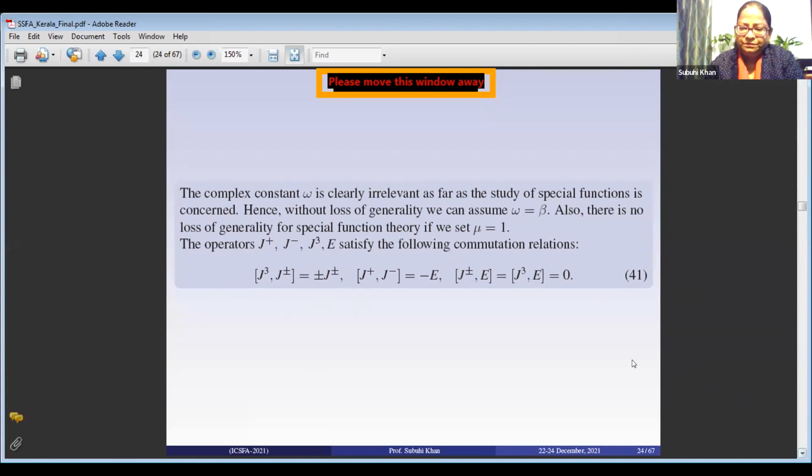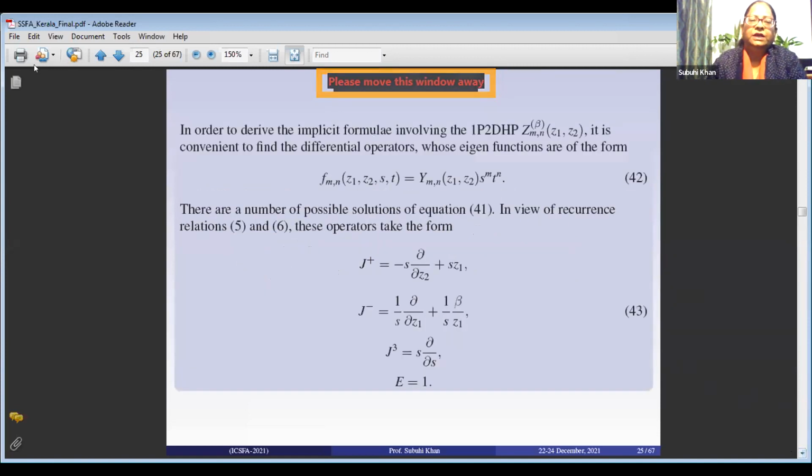So now, what next? In order to derive the implicit formulae involving the one parameter two-dimensional Hermite polynomial, we are going to find the differential operators, and for that we will use eigenfunctions of this form.